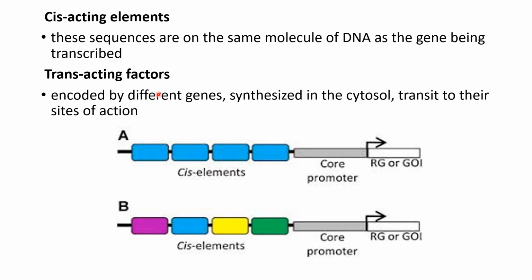Post-translational modification also takes place here, and after that these mature proteins go to the nucleus so as to transcribe another set of genes. So by their transient formation as well as their movement, they are known as the trans-acting factors. Many types of trans-acting factors are present, maybe general transcriptional factors or maybe specific transcriptional factors.